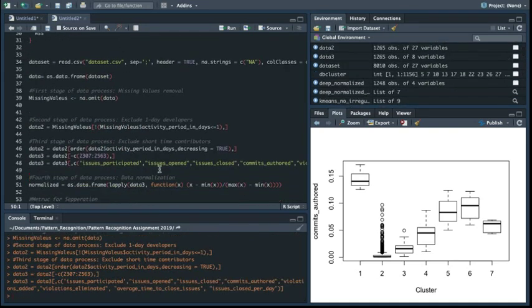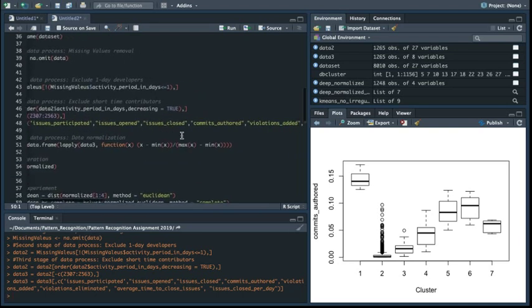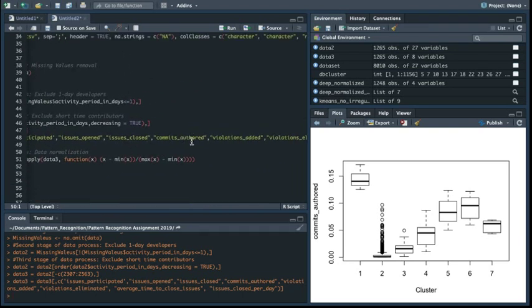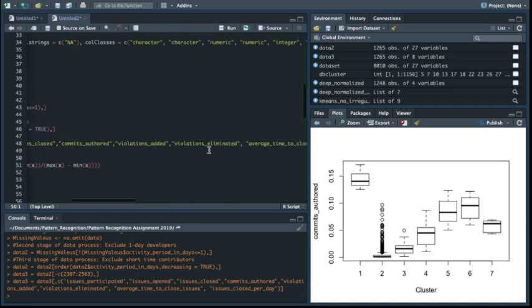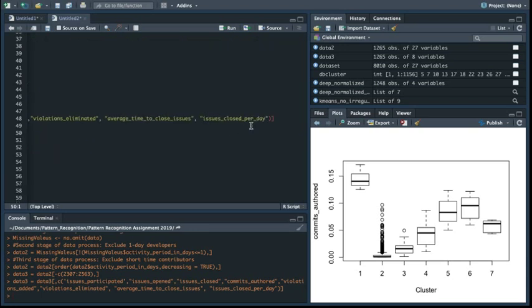But at the pre-processing now we don't only have issues participated, issues opened, issues closed, and commits authored, but we also have violations added, violations eliminated, average time to close an issue, and issues closed per day. And that's how to define how well a developer did his job.